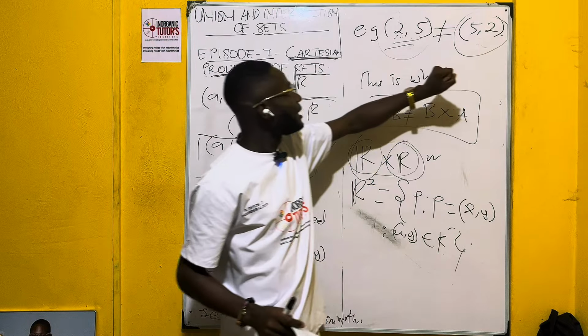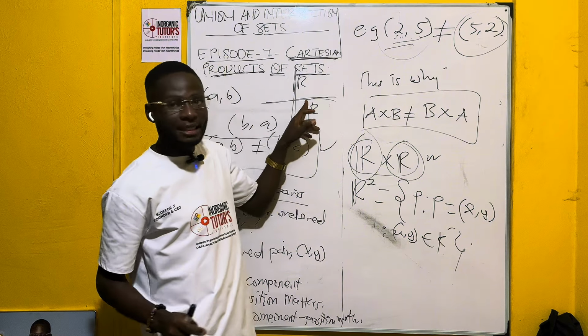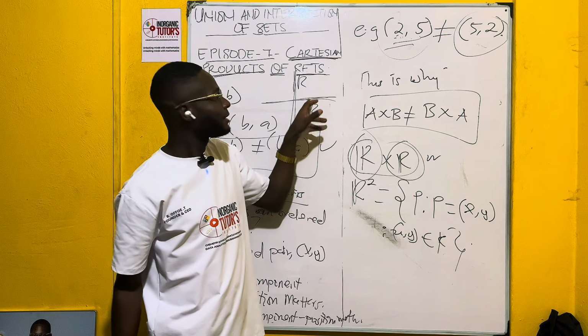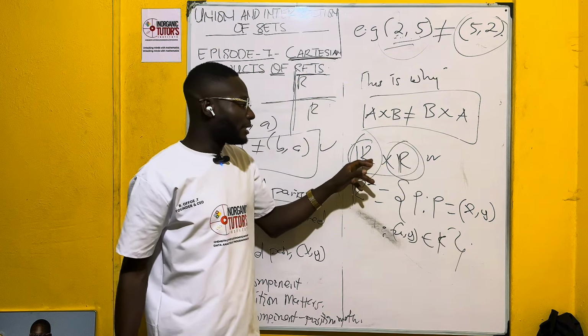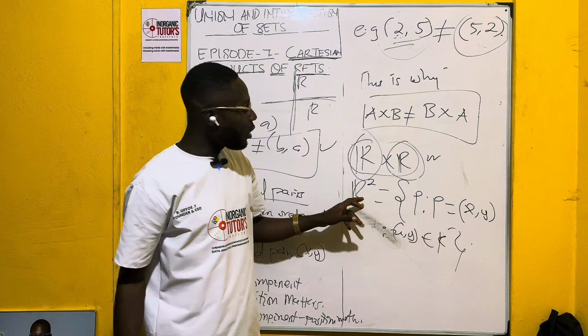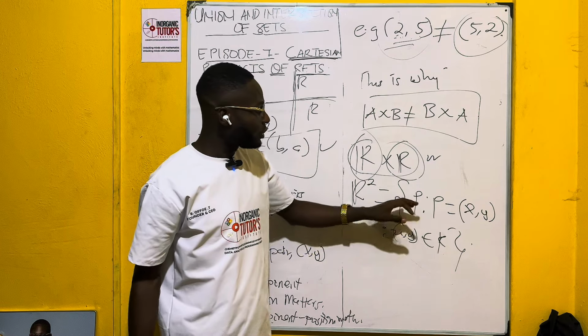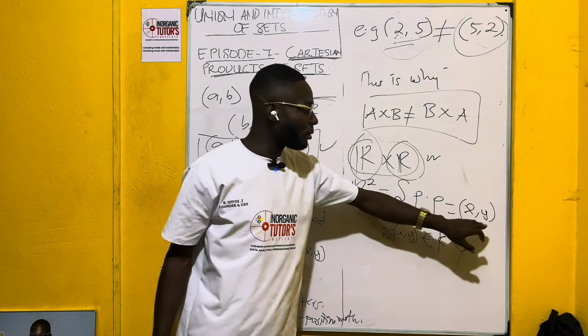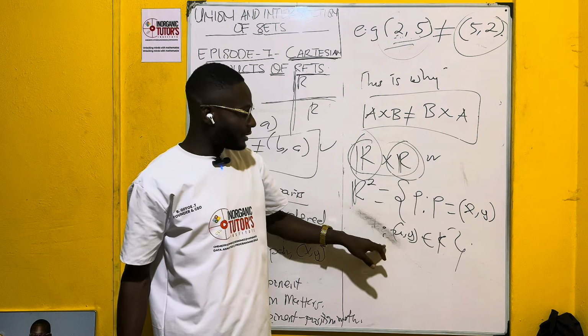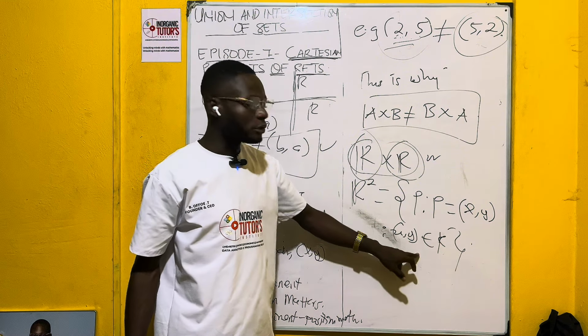If you have, let's say, 2 and 5, the first element is on the x-axis and the second element is on the y-axis. So R cross R, or R squared, is the set of P such that P is equal to (X, Y), such that (X, Y) belongs to R.